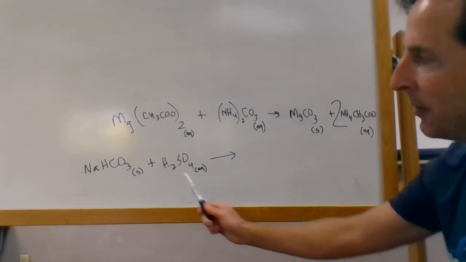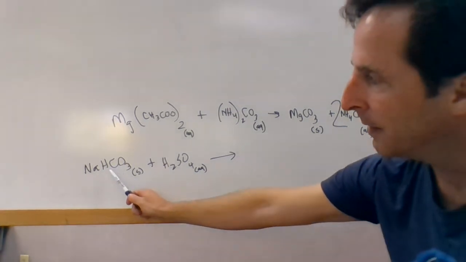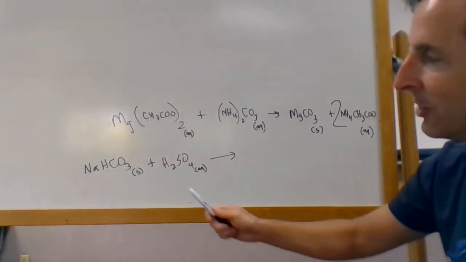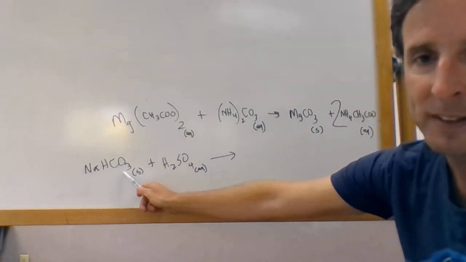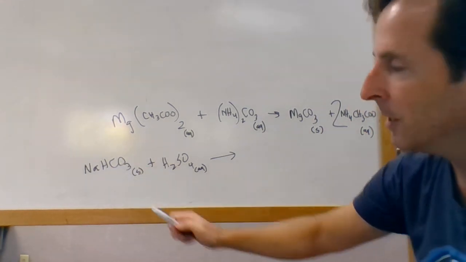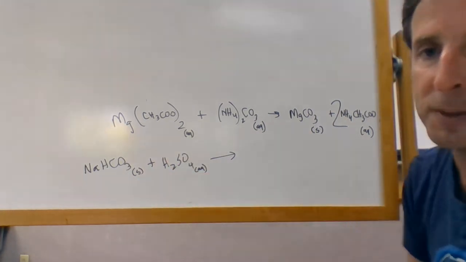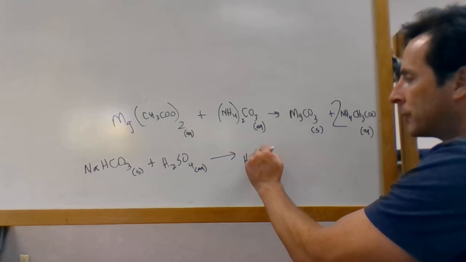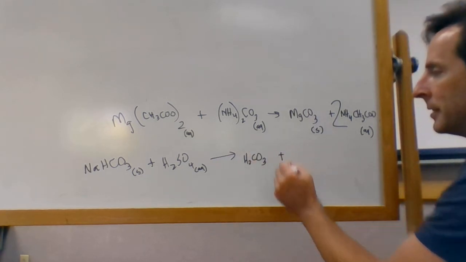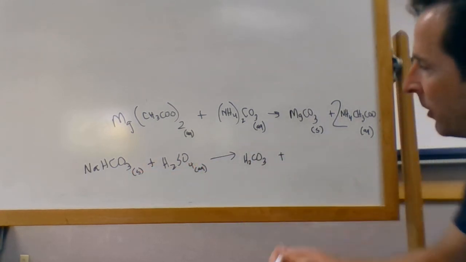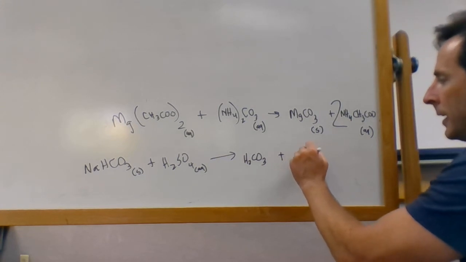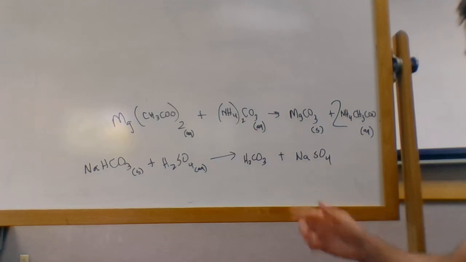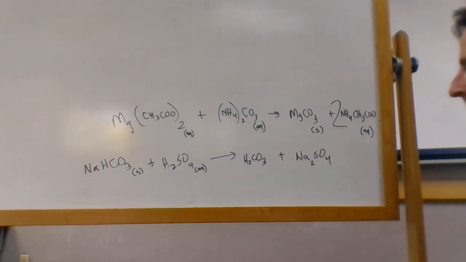Now this time, the hydrogen and the bicarbonate or hydrogen carbonate are going to go together. Basically, HCO3 minus has a -1 charge. So I'm going to put 1 hydrogen on there to make it neutral. That's going to make H2CO3 plus, and then sodium goes with sulfate, Na with SO4. I know that sodium is +1, sulfate is -2, so I need Na2SO4.